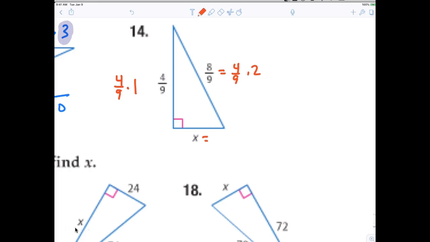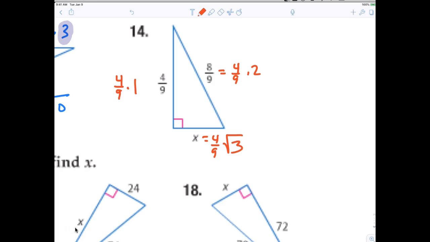So this is going to be 4/9 times whatever the result of the Pythagorean theorem is with 1 and 2, which is the square root of 3. I'm listening if you have a question. Square them, and either you add them or you subtract them, depending on if you have the hypotenuse.